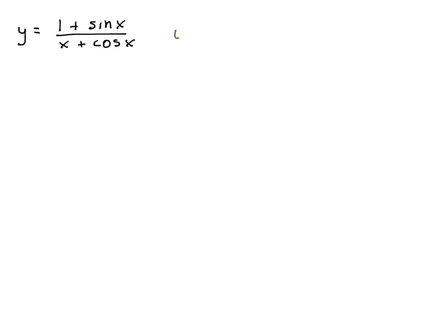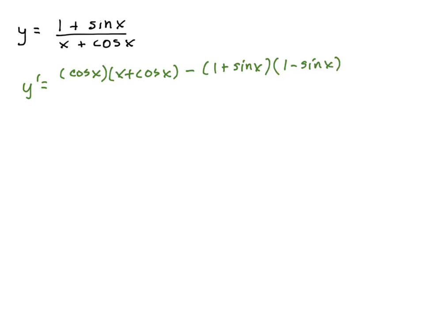Okay, so the derivative by the quotient rule is going to be the derivative of the numerator, which is just the cosine of x, times the denominator, minus the numerator times the derivative of the denominator, which is 1 minus the sine of x, and all of that over x plus the cosine of x, squared.